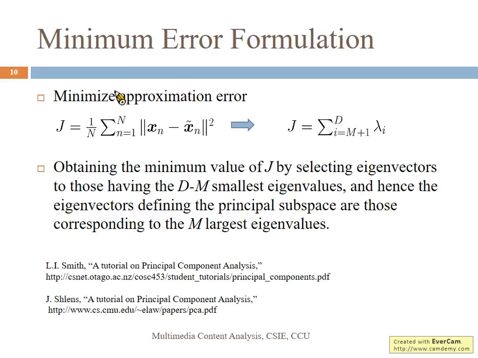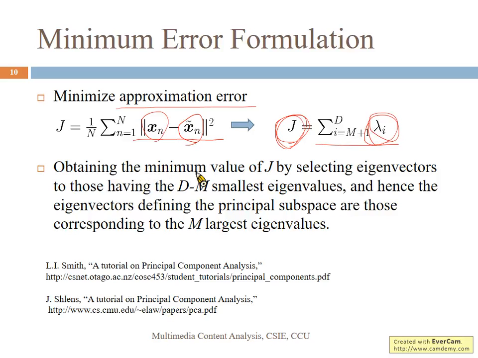So in general, we want to minimize the approximation error, and we can write the approximation error like this: the difference between the original data and the approximation data. And by mathematical derivation, we finally can get the optimal solution, that J is equal to a summation of lambda, where we want to minimize J, so we want to pick the minimum eigenvalues.